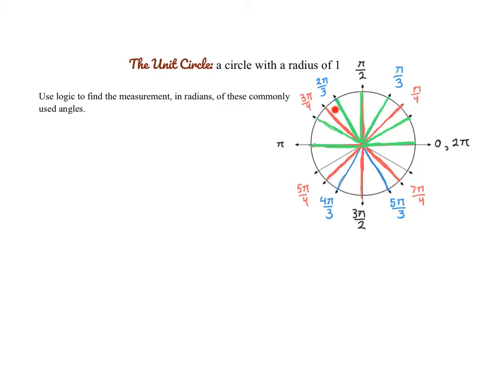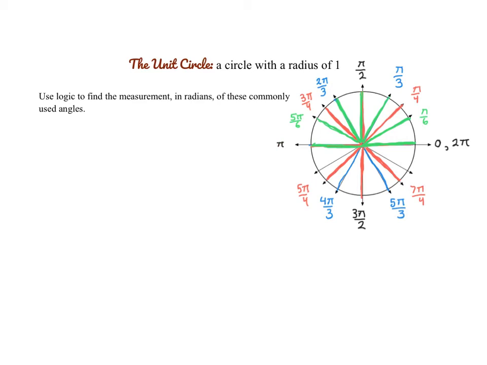So if we're going to do half a circle in 6 parts, it's pi over 6. So this would be 1 pi over 6, and then we have 2 pi over 6, 3 pi over 6, 4 pi over 6, and then this gives us 5 pi over 6, and then 6 pi over 6, so it's simplified.